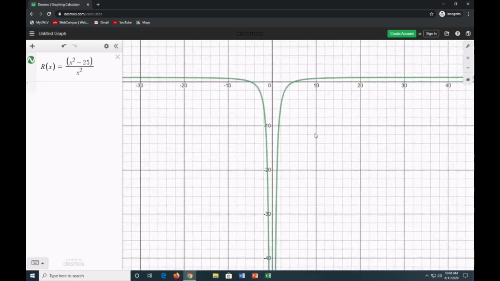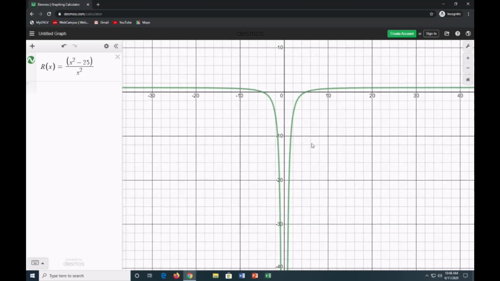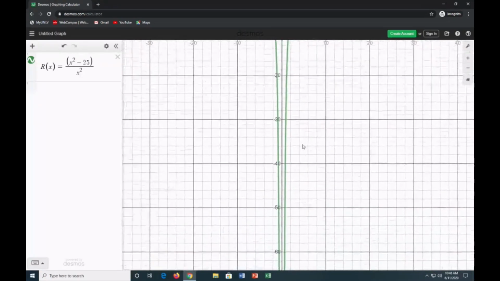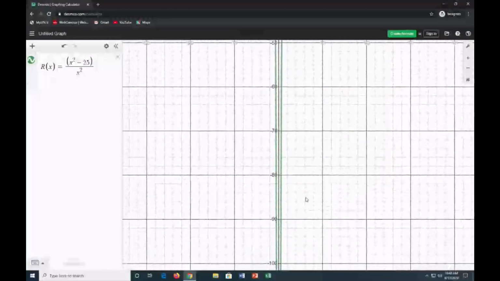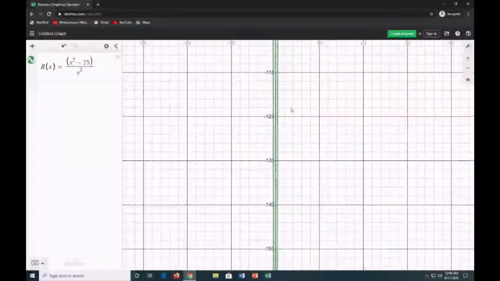Right there you can see that definitely the y-axis is a vertical asymptote, right? Do you see it? You can see this trough type of shape dropping down around the y-axis. Look at that. So clearly the y-axis is a vertical asymptote.